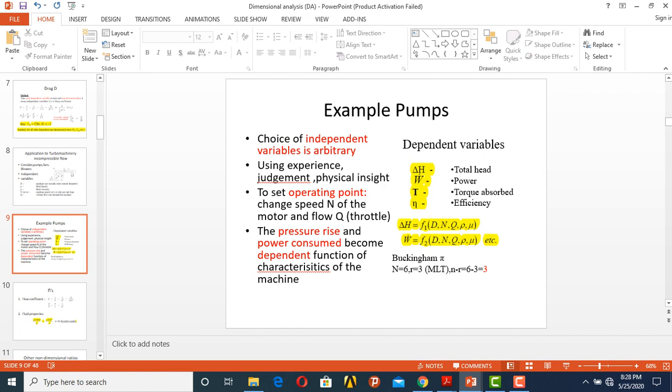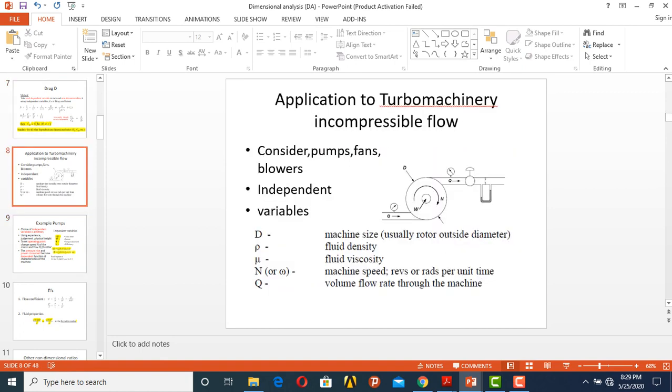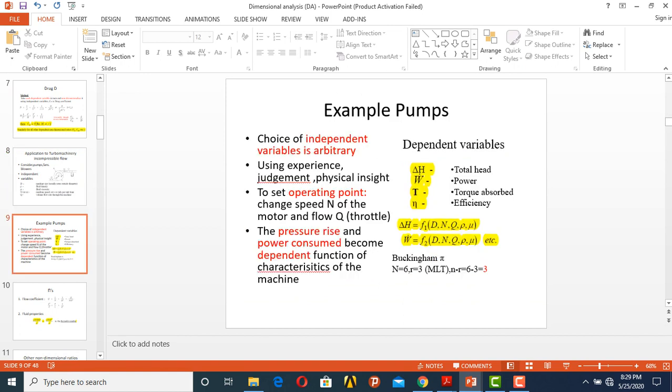To choose which variables will be independent is just arbitrary. You can choose as many as you want, but in our case we are going to consider just these five variables as the area of concentration. And there are also other dependent variables which you are going to look at. That is the total head, the power, the torque absorbed, as well as the efficiency.